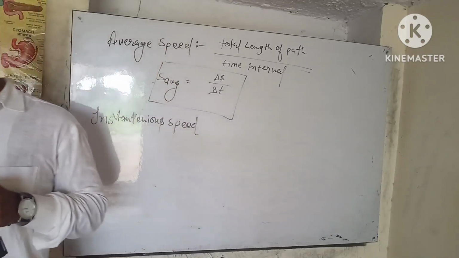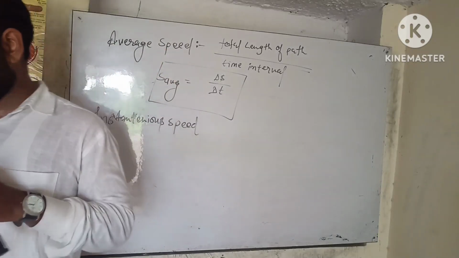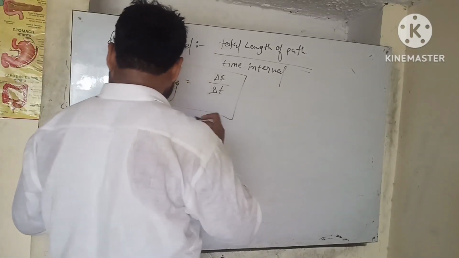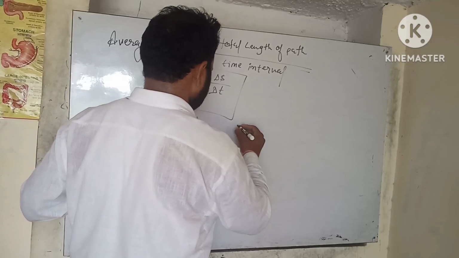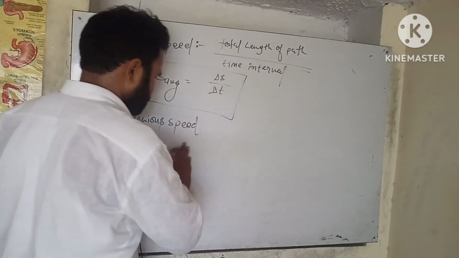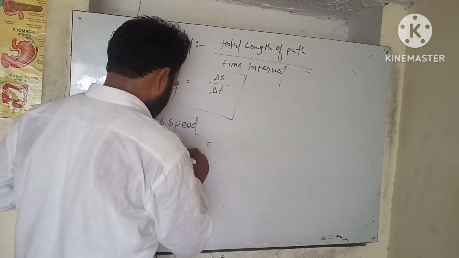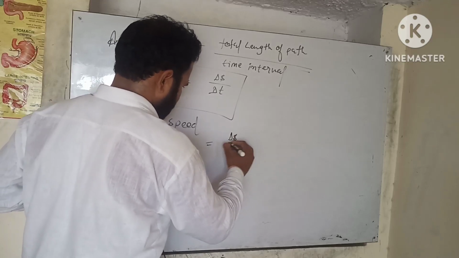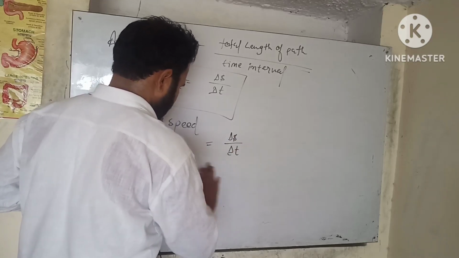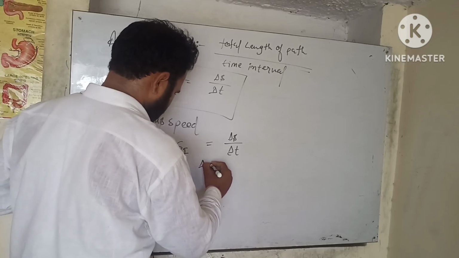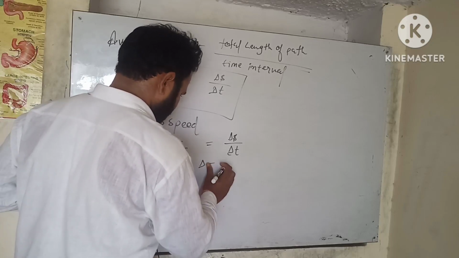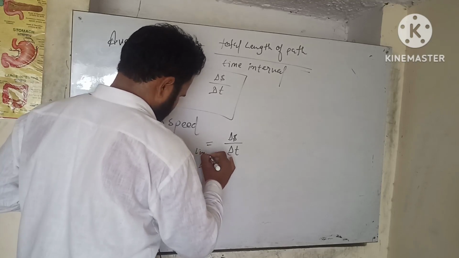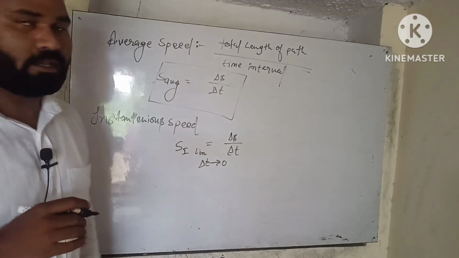Then we can write the instantaneous speed approximately as s equal to del s by del t, where del t tends to 0, that is the limit del t approaching 0.